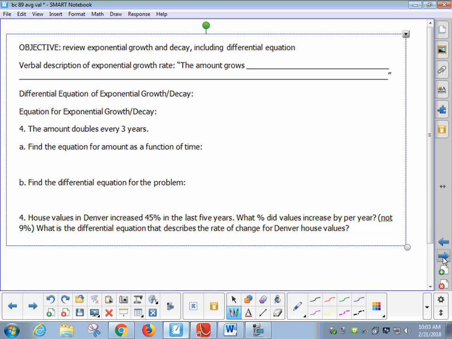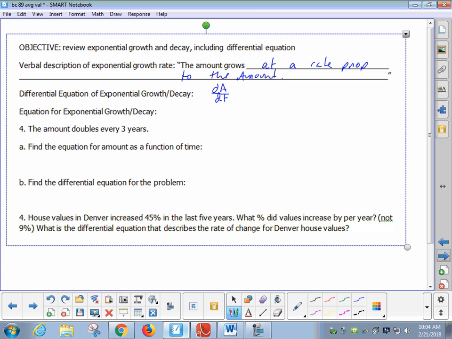The verbal description of exponential growth, and I'm really talking about the exponential growth differential equation, is the amount grows at a rate proportional to the amount. Now, if you were to decode that from words into calculus, the differential equation is dA/dt.